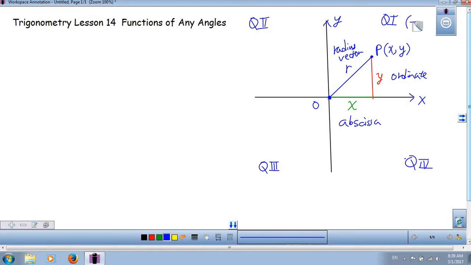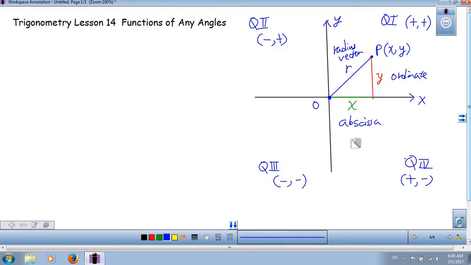In quadrant 1, both x and y values are positive. In quadrant 2, x is to the left of the origin, so x becomes negative, but y values remain positive because they are still above the origin. In quadrant 3, all the points have a negative value for x and a negative value for y. And in quadrant 4, x becomes positive and y is negative.